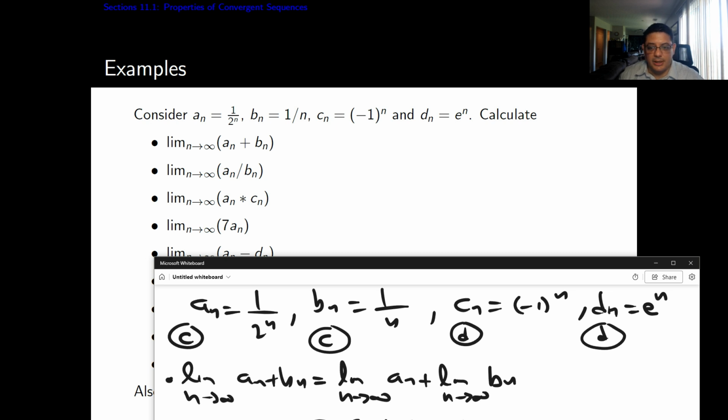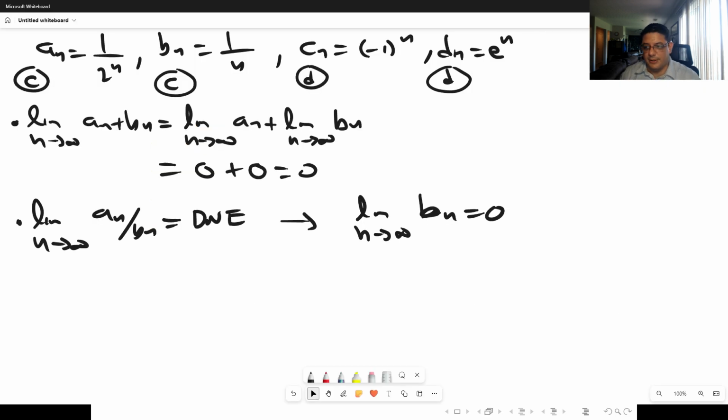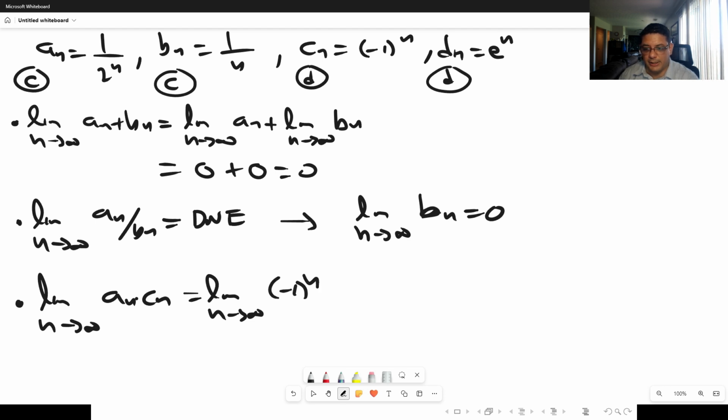Now, if I do the limit when n goes to infinity of a_n times c_n, what I'm really doing is the limit when n goes to infinity of (-1) to the n times 1 over 2 to the n. This now transforms into an alternating sequence.